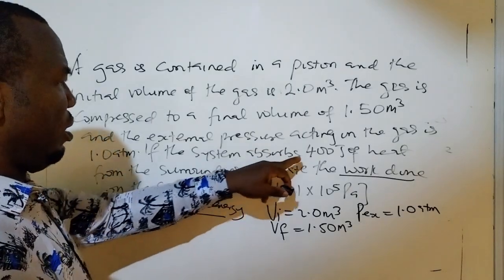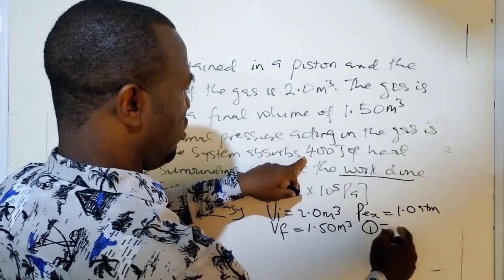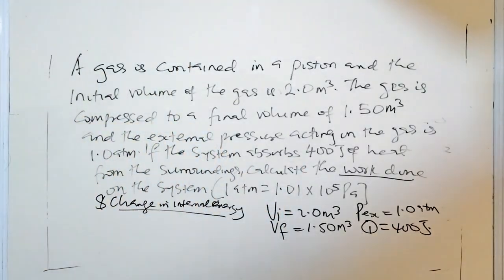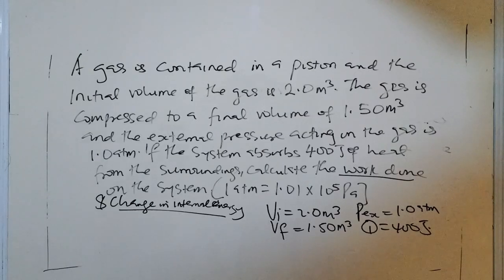Then heat absorbed, 400 joules. I think that is all that is provided for us. We have all these quantities: initial volume 2.0, final volume 1.5, external pressure 1 atmosphere, heat absorbed 400 joules.